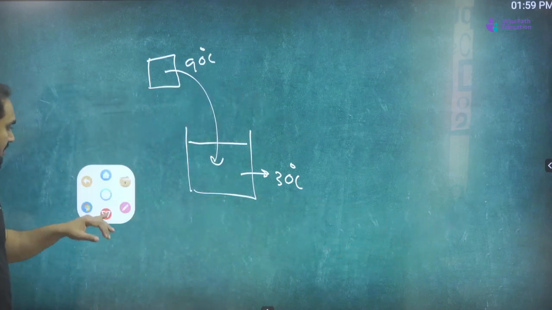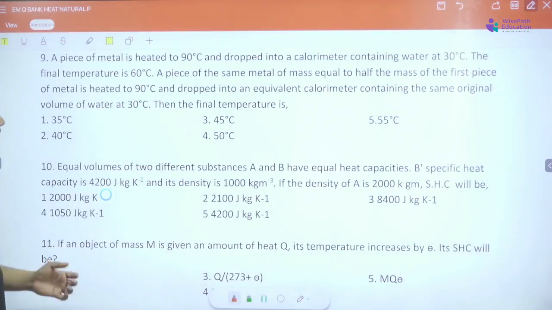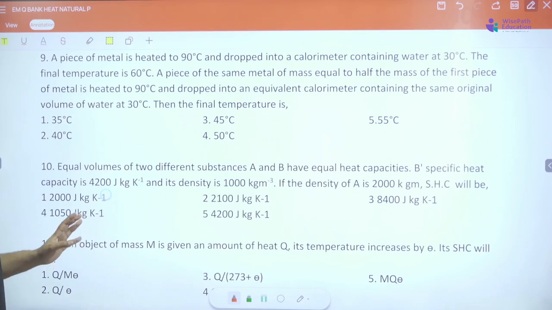And what else? The final temperature is 60 degrees. A piece of the same metal, of mass equal to half of the mass of the first piece of metal, is heated to 90 degrees and dropped onto an equivalent calorimeter containing the same original volume.